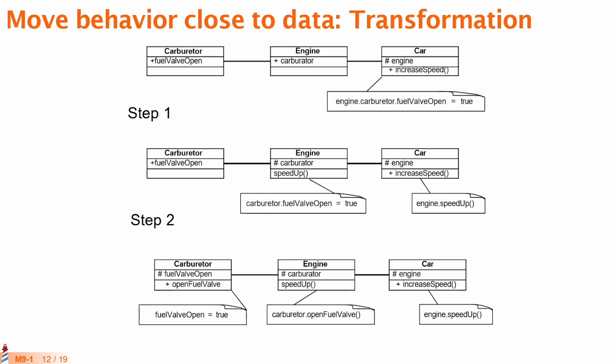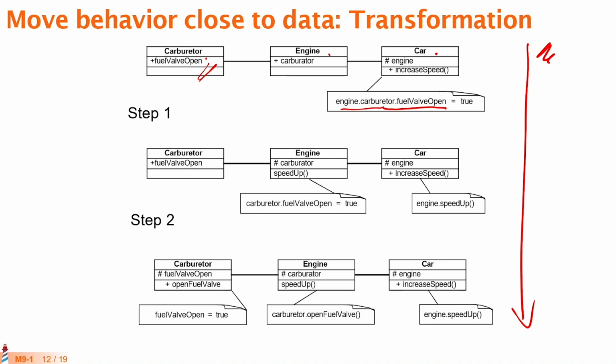So here, for example, if you see this example, we are in the original code where we have a car that is using an engine, and the engine is using a carburetor, and then the engine wants to increase the speed, and to increase the speed, it is taking the carburetor and then changing a flag that is far away to true.